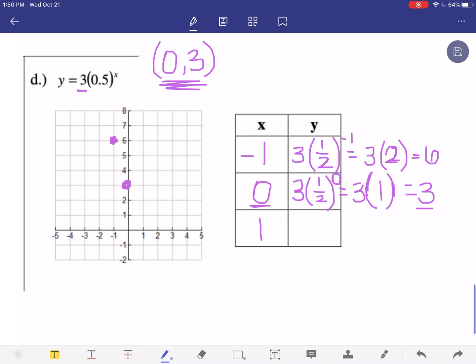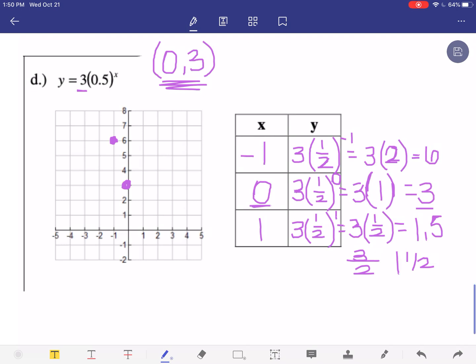And then our last point at 1, 3 times 1/2 to the first power. 1/2 to the first power is 1/2, so we'll just have 3 times 1/2. I would probably convert that to a decimal and say 1.5, just because that will be easier to plot on your graph paper than saying 3/2 or 1 and 1/2 as a mixed number. 1.5 is the number that makes the most sense for plotting.